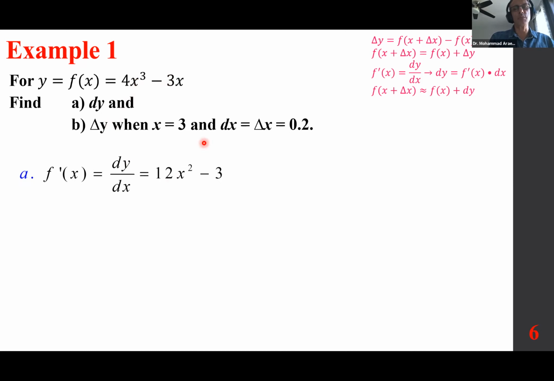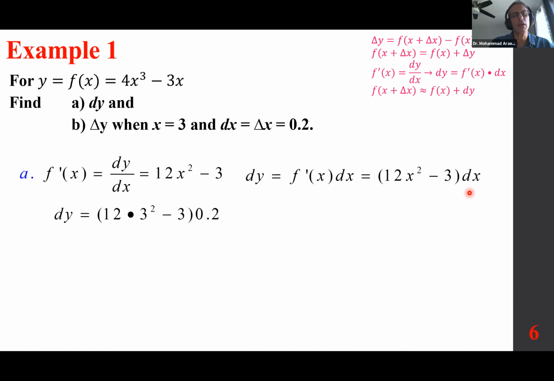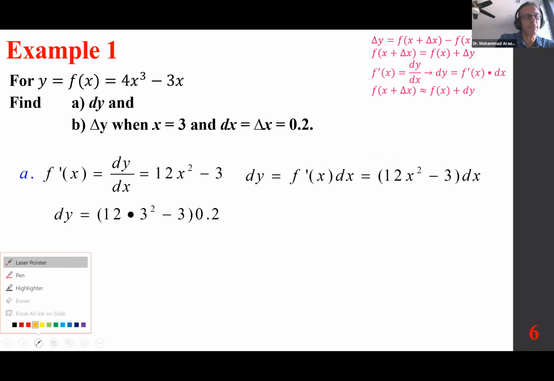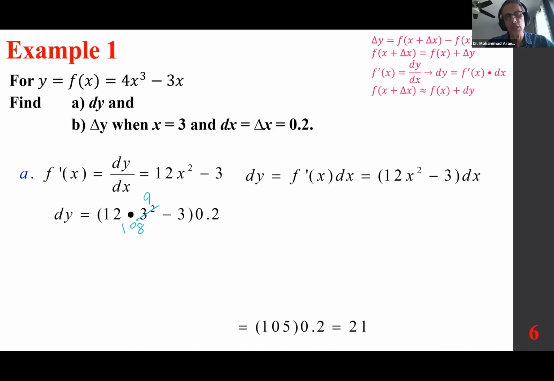And dy becomes the same thing, tagging along dx, evaluated when x is 3 and delta x, or dx, is 0.2. This is elementary algebra. When you do the math, obviously, this is 9, 108 minus 3 is 105, times 0.2 gives you 21.